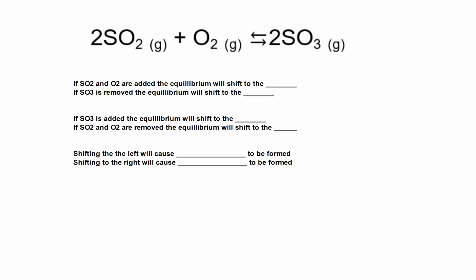Okay? So if we add SO2 and O2, those are reactants, that's going to cause it to shift towards the products. Okay? It's going to shift towards the right. Alright?